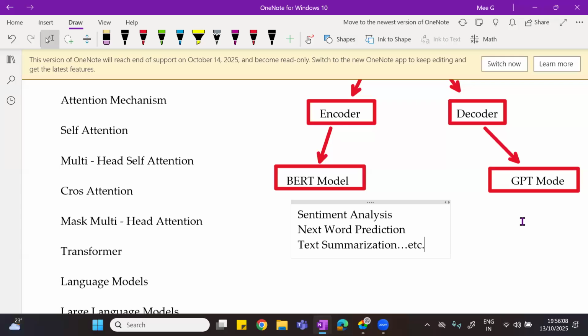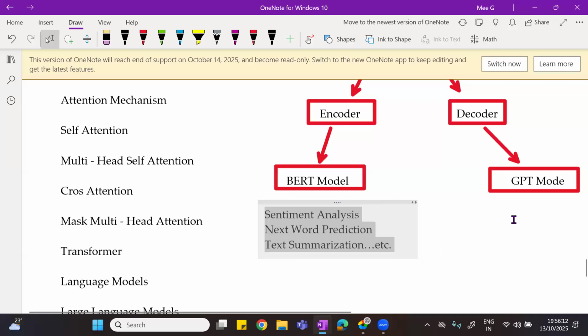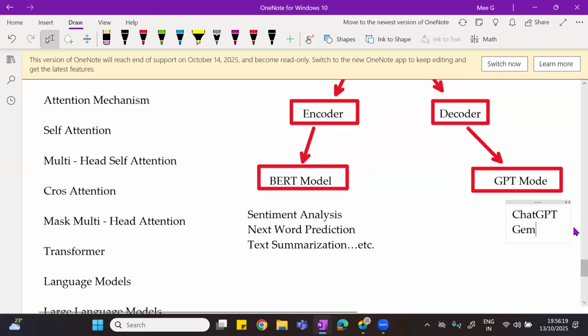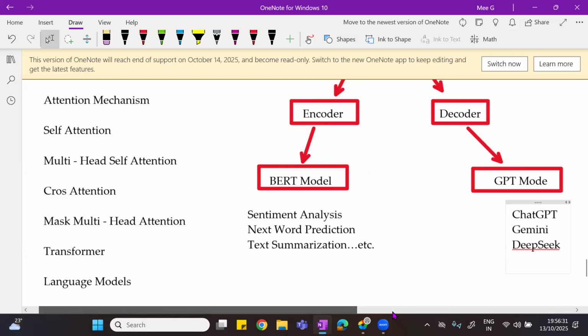But when it comes to this one, this is nothing but your ChatGPT, Gemini, DeepSeek, and these are all applications which are powered by GPT.